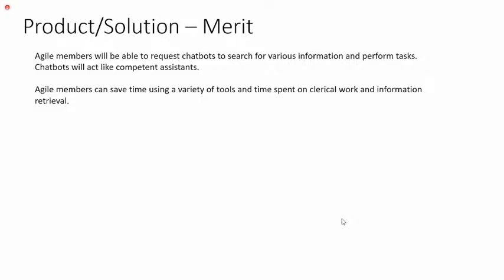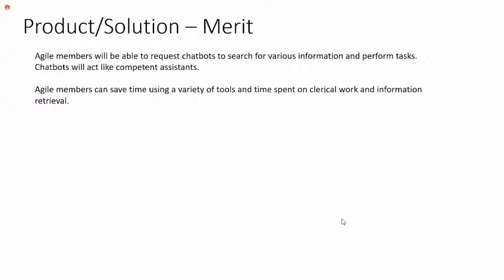So on this platform, the Agile members can communicate with other members on Slack. Against the chatbot, you can communicate through Slack about the work you're doing or to obtain necessary information.